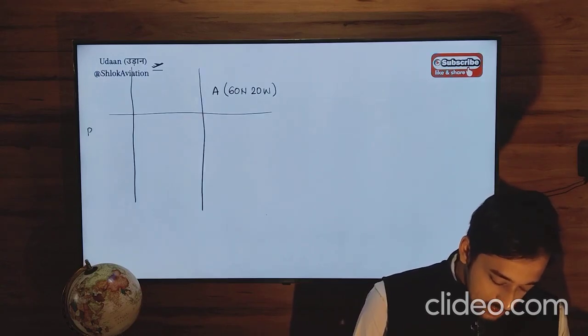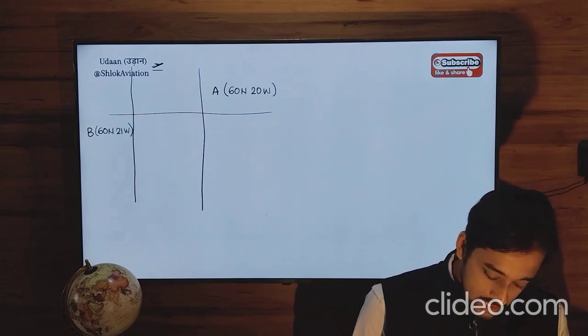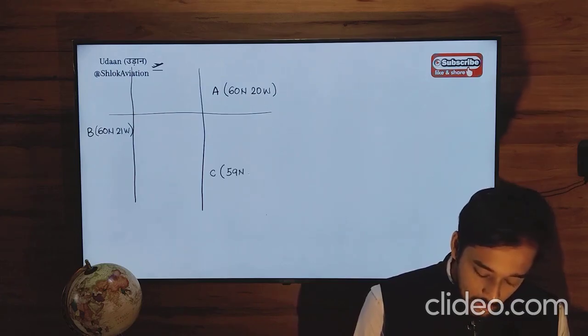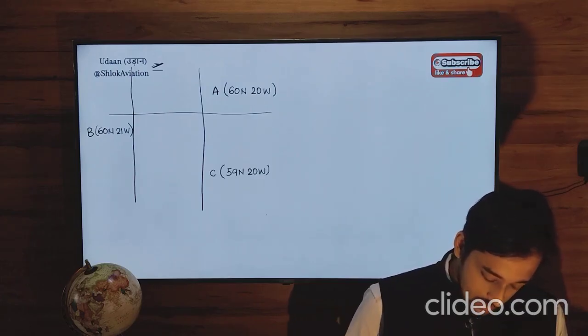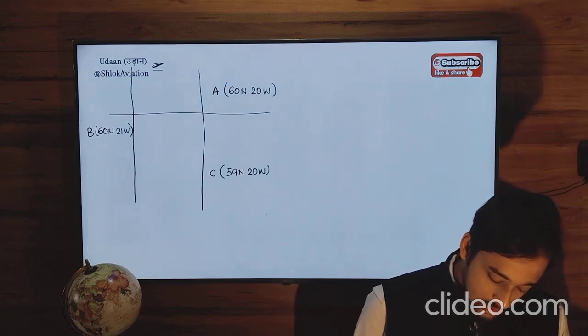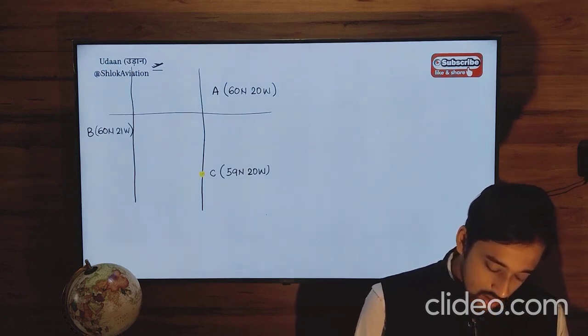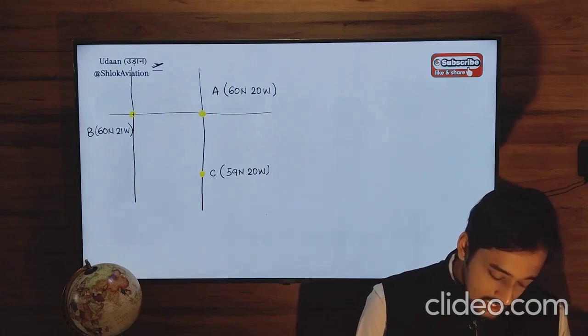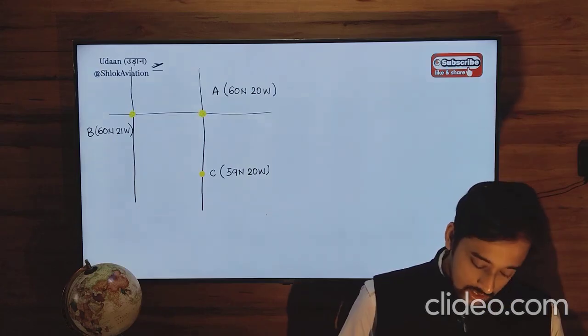Position B is 60 north, 21 west. Position C is 59 north, 20 west. Now let's find distance between AC first.